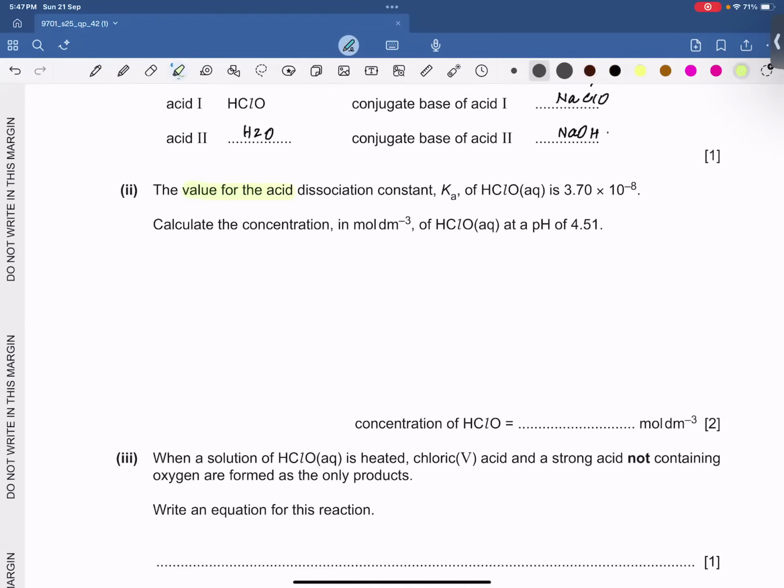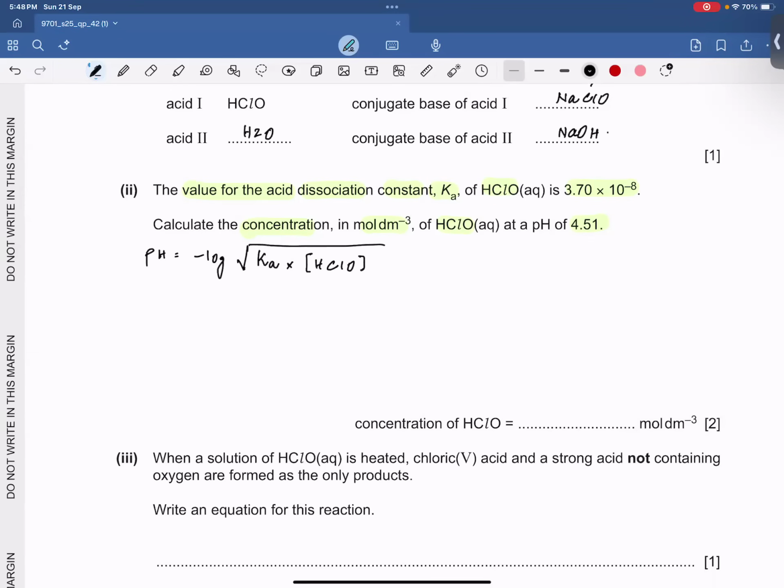The value for the acid dissociation constant Ka of chloric 1 acid is given. Calculate the concentration in mole per dm cube at this pH. So pH equals minus log under root Ka times concentration of acid, and the acid is basically HClO, that is chloric 1 acid.